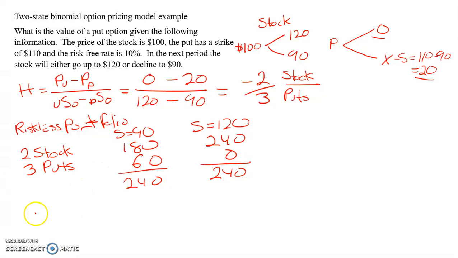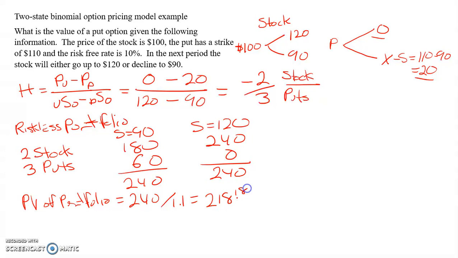So okay, now we calculate the present value of our portfolio. Simply 240 divided by 1 plus the risk-free rate, or 1.1, and that's $218.18.